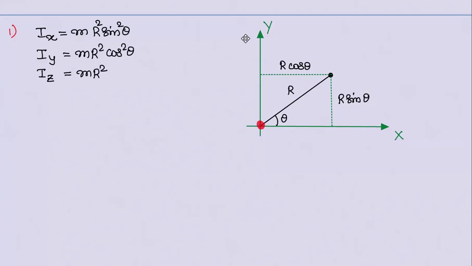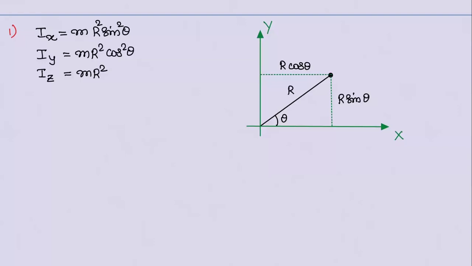For that axis, the perpendicular distance is r only. Just observe it. Ix plus Iy is equal to Iz. So the first and foremost mistake, very common, nothing wrong in it. Learn from your mistake. Generally a student will think it's a vector quantity, x component, y component, z component. It's a scalar. Clear?